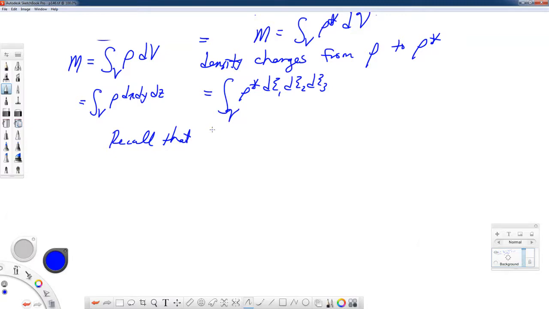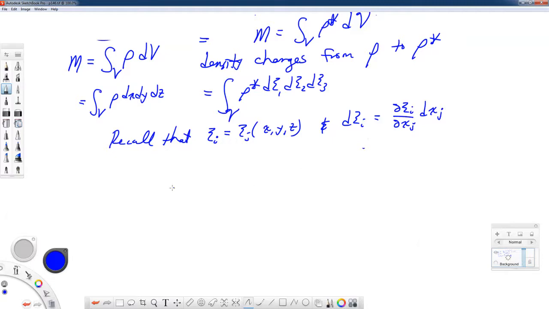If we have a continuous deformation or an admissible deformation, then the xi sub I can be written as functions of x, y, and z, and the d xi I can be written as the partial derivative of xi I with respect to xj times dxj.